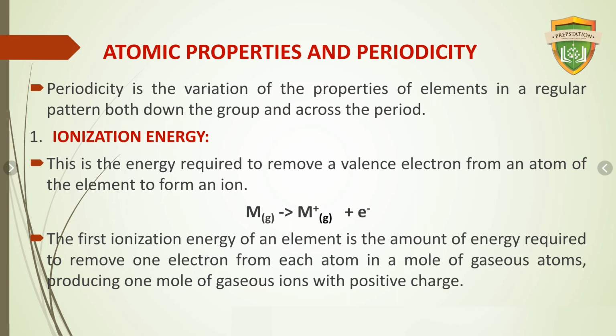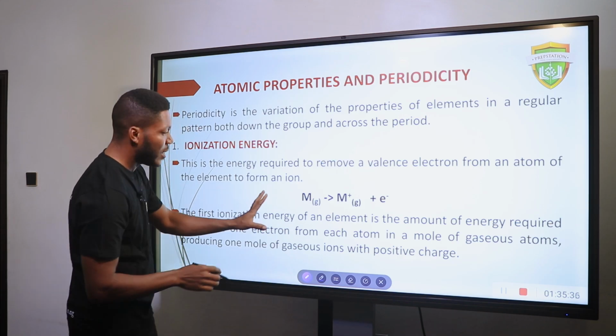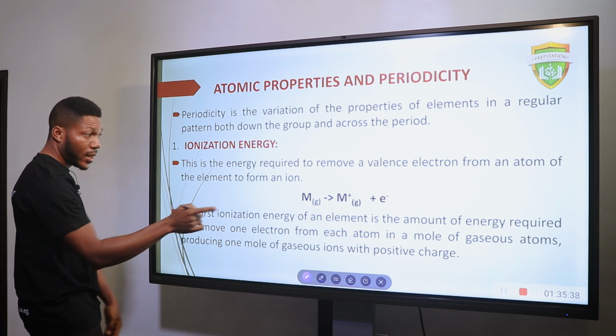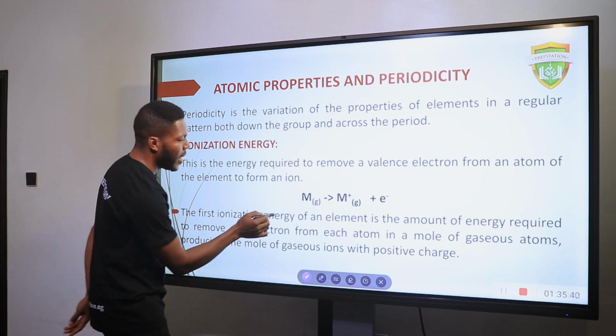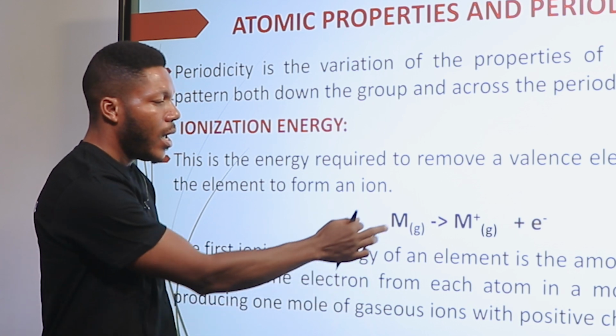The first one is called ionization energy. What does that mean? It is the energy released when a metal loses an electron. Now listen, because this is where the questions come from most of the time. It is a very confusing part of the periodic table. Now this is a normal metal. M stands for metal.